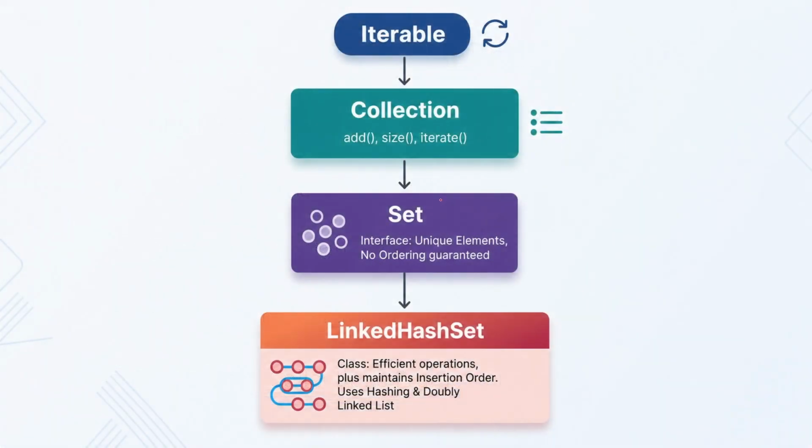We know this hierarchy. LinkedHashSet extends HashSet, and indirectly implements the Set interface. You can think of it like this: HashSet is the implementation class of the Set interface, and LinkedHashSet extends HashSet, and Set is the interface.